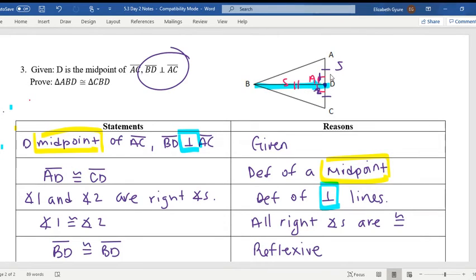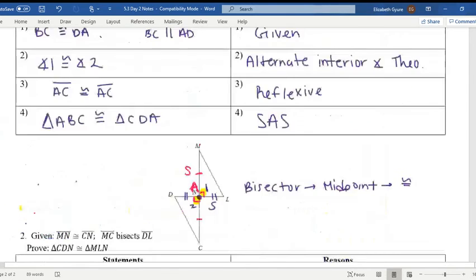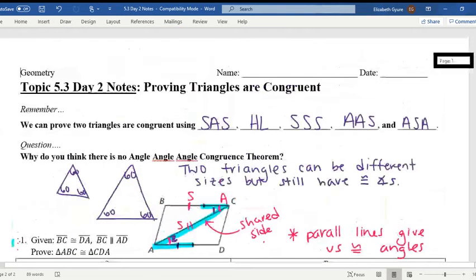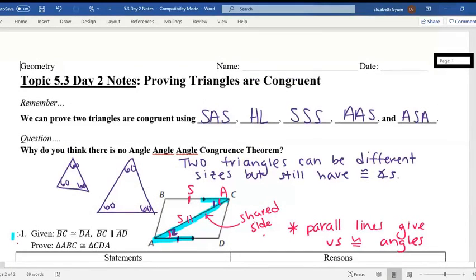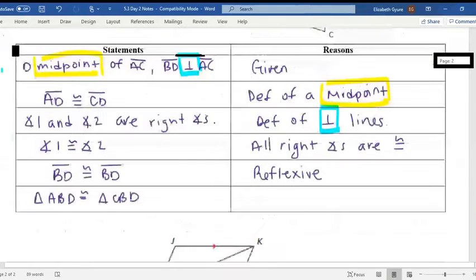We have 2 sides, and the included angle is congruent. So what do we use for our theorem here? Remember, we have our 5 possibilities up at the top. Is it side, angle, side; hypotenuse, leg; side, side, side; angle, side, angle; or angle, angle, side?